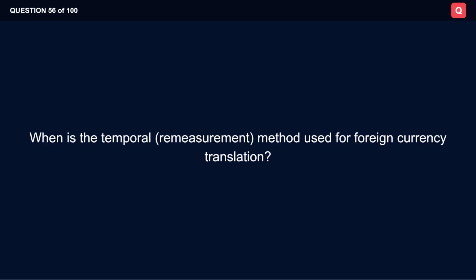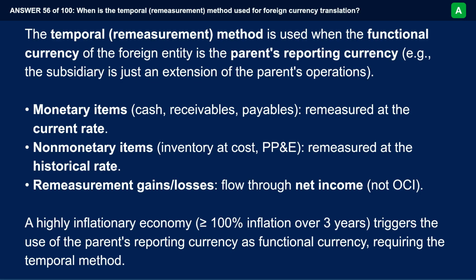When is the temporal remeasurement method used for foreign currency translation? The temporal remeasurement method is used when the functional currency of the foreign entity is the parent's reporting currency. For example, the subsidiary is just an extension of the parent's operations. Monetary items, cash, receivables, payables, are remeasured at the current rate.